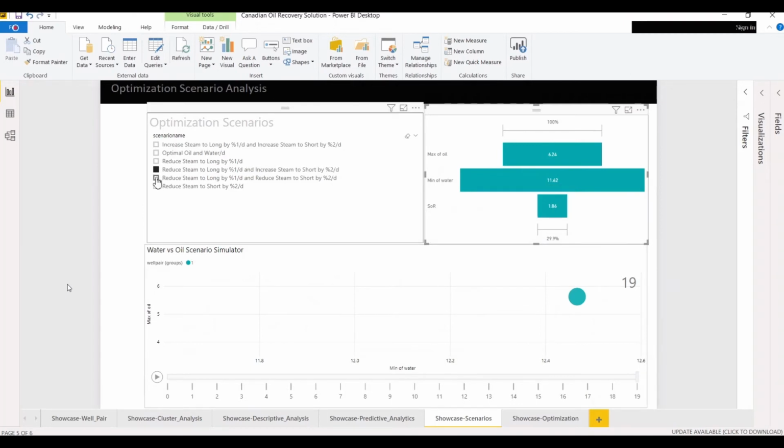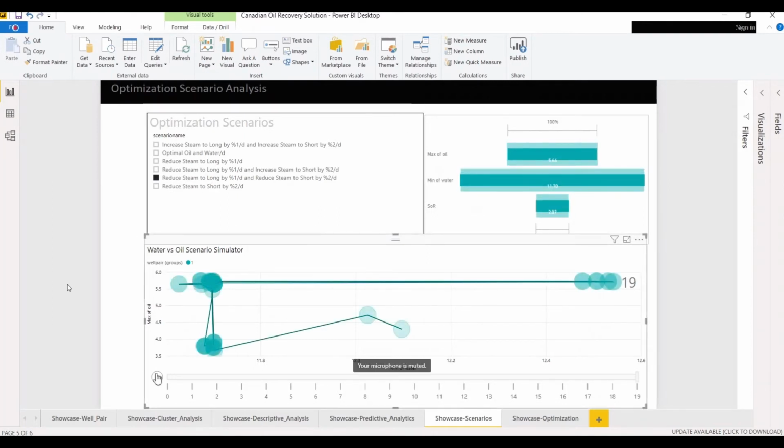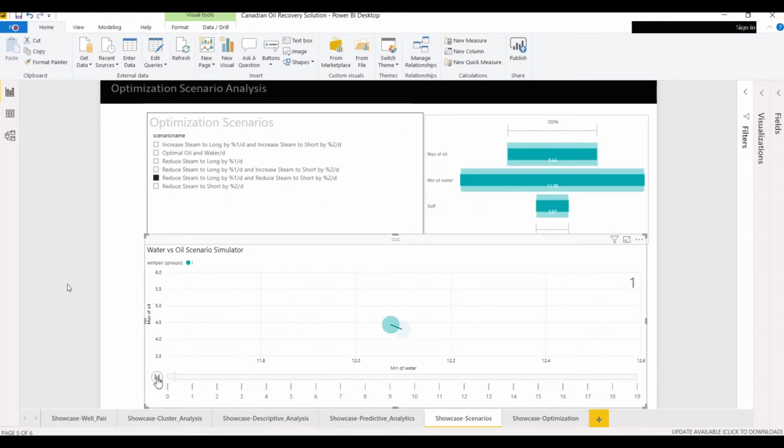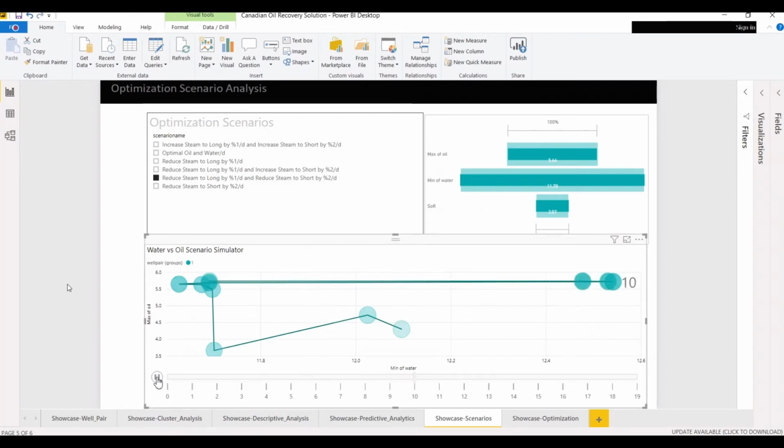If we were to choose another scenario and run that particular scenario, we can actually visualize what will be the changes in oil and water if we were to reduce steam in the long tubing by 1% and reduce steam in the short tubing by 2% per day.